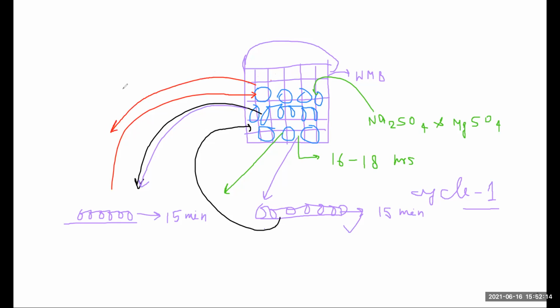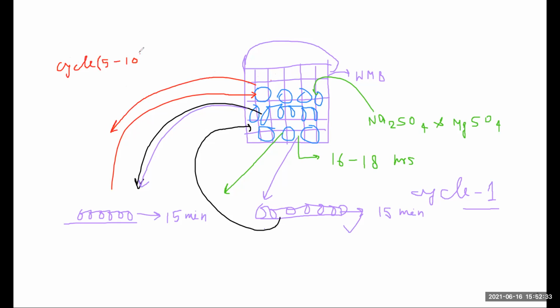So this process is repeated for 5 to 10 cycles for a certain fraction of aggregate which is retained on a particular sieve.